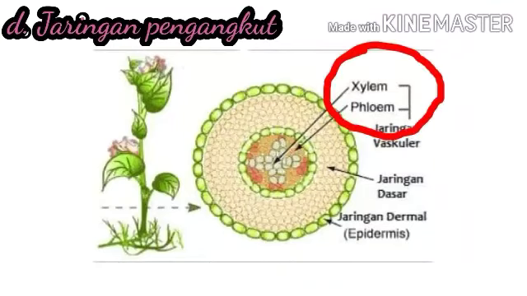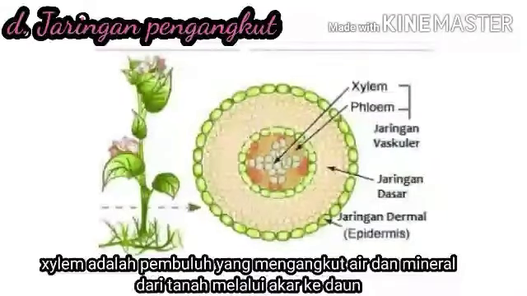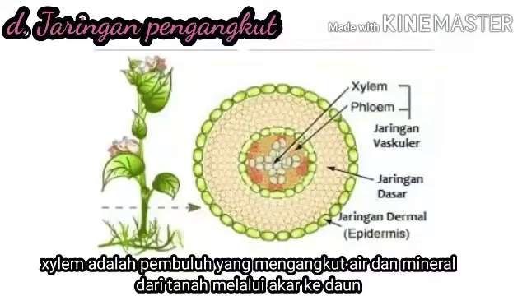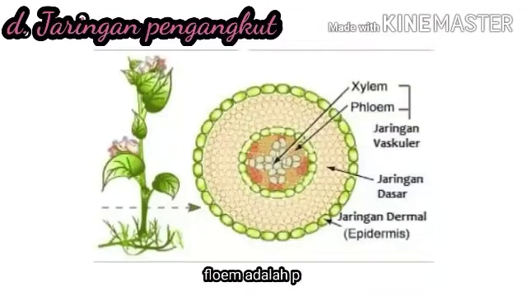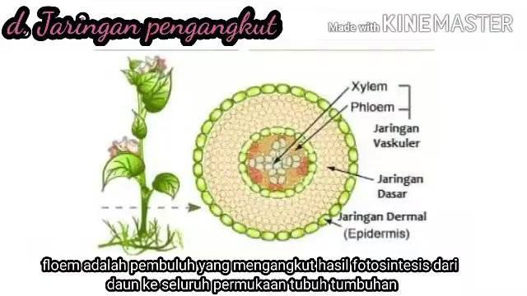It consists of xylem and phloem vessels. And what are xylem and phloem? Xylem are vessels that transport water and minerals from the soil through the roots to the leaves. And the phloem is a vessel that transports photosynthesis products from leaves to all parts of the plant's body.